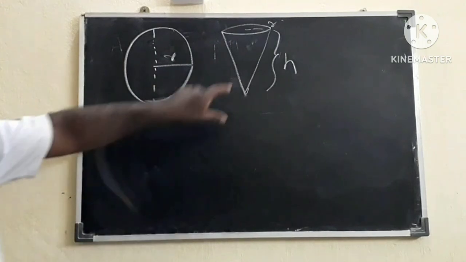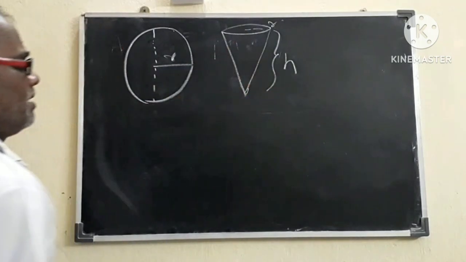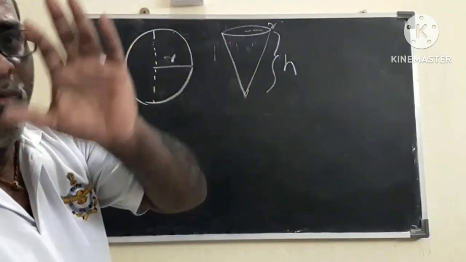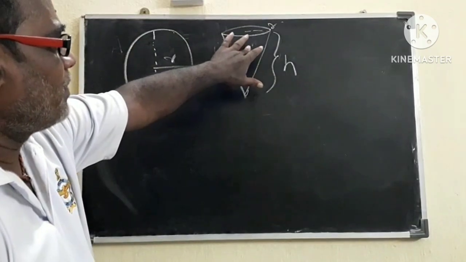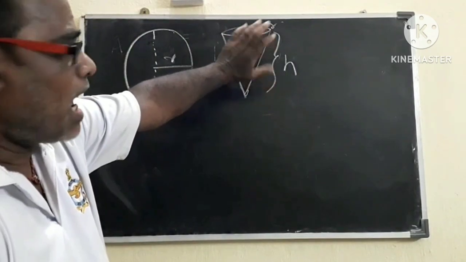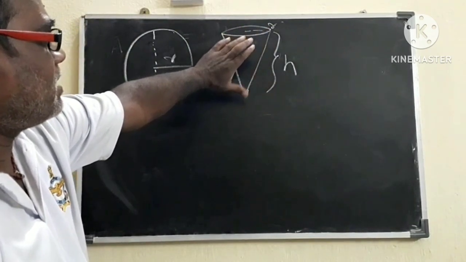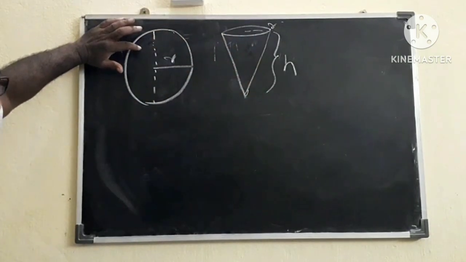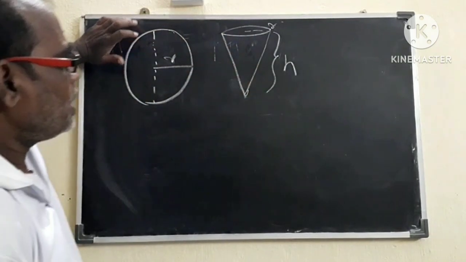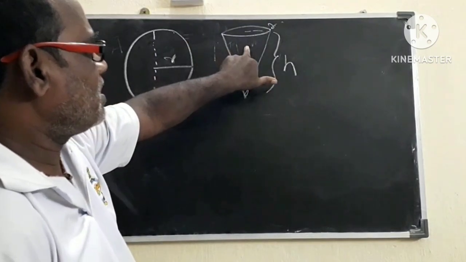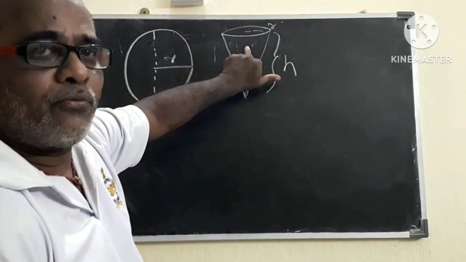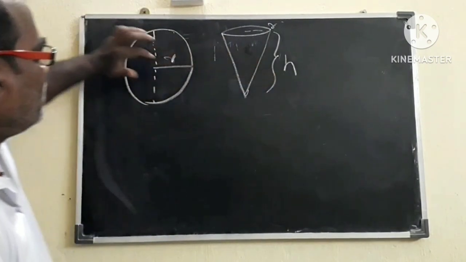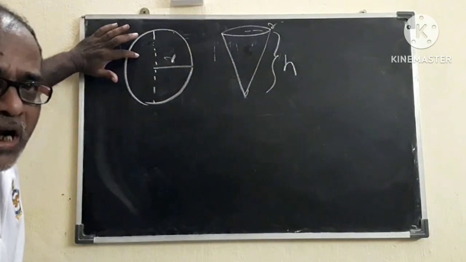Clear? Now let us take water in this cone and fill it up. After filling up this, let us pour that water inside this sphere. So likewise, if you pour 4 times the volume of cone, then only the sphere is going to be filled up.